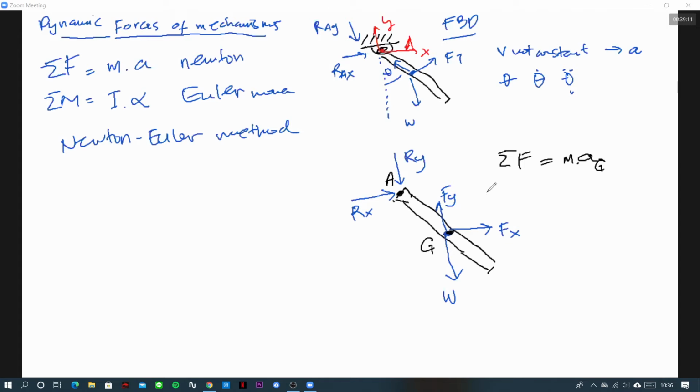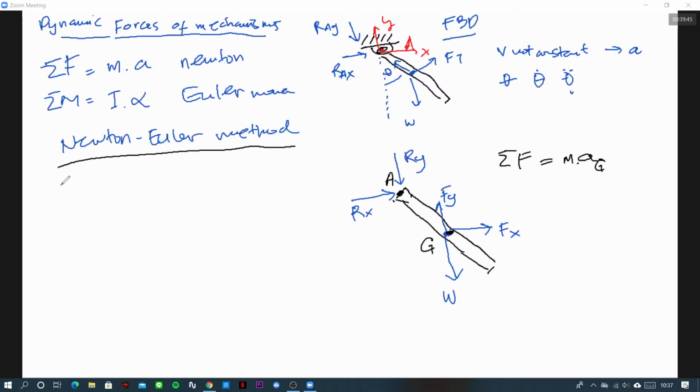So what are the external forces? The external forces are the reaction forces. Here again, we can write it in vector form. That would be simpler. Now let's say you can get the acceleration A at G based on the kinematics.